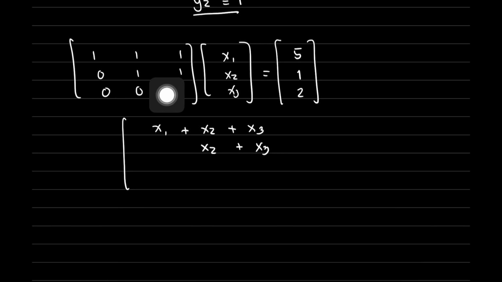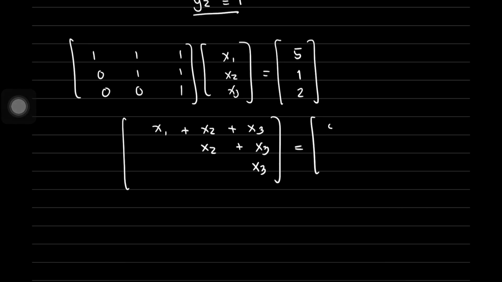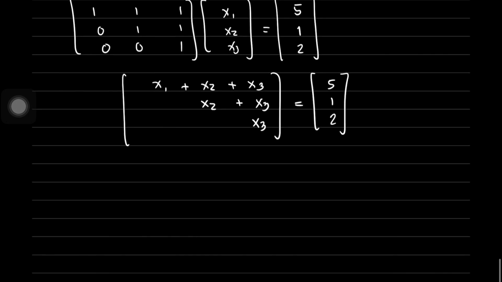And for the third row, we have 0, 0, 1, so that's equal to x3. And this is now equal to 5, 1, and 2.